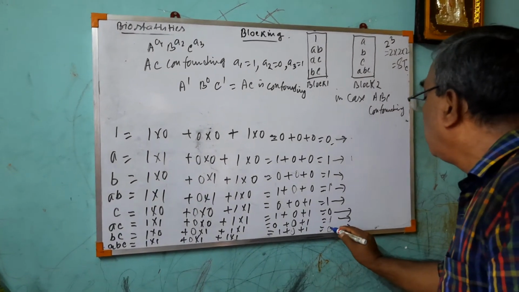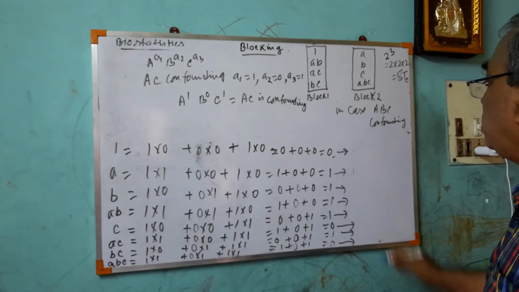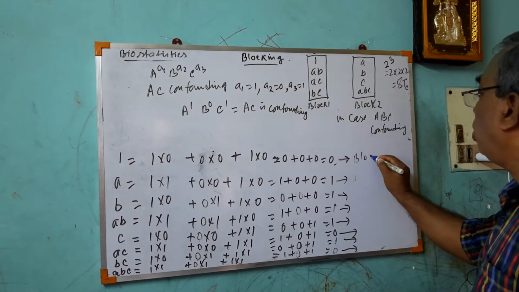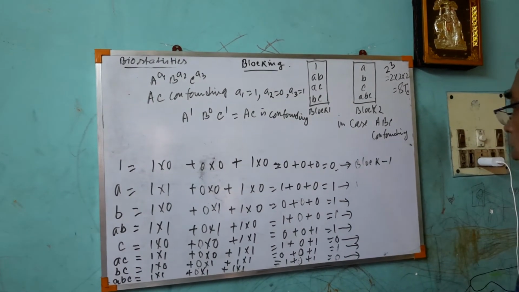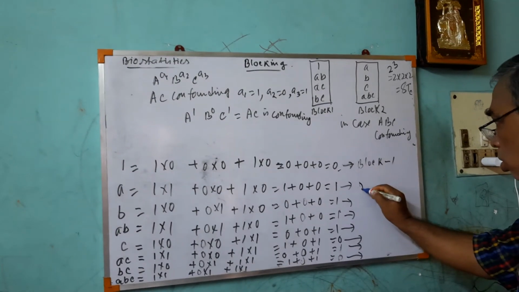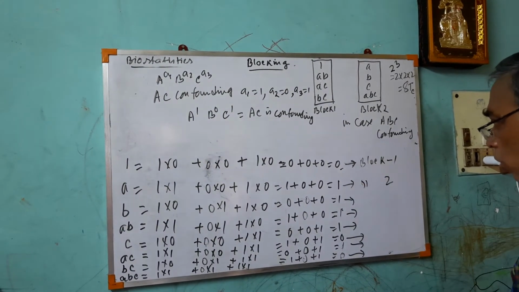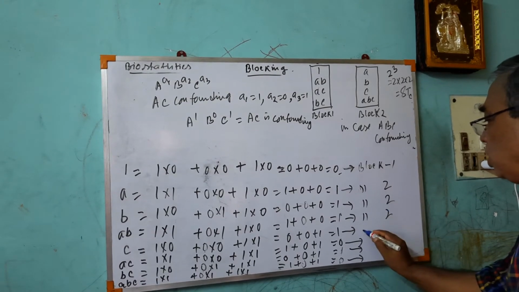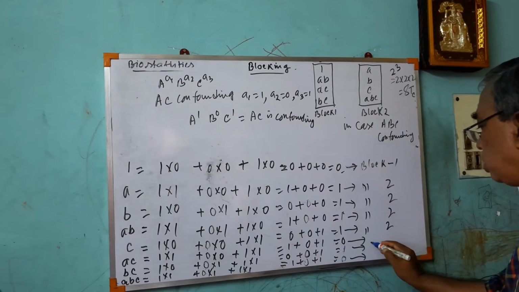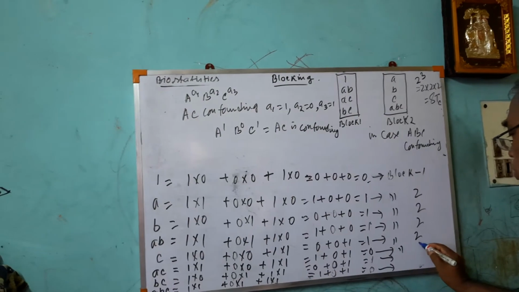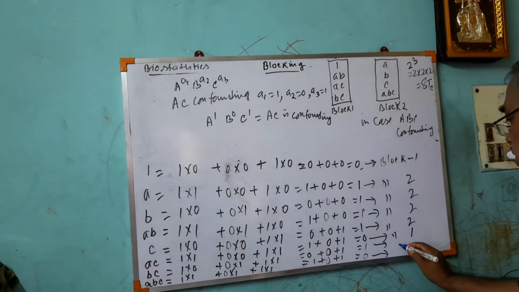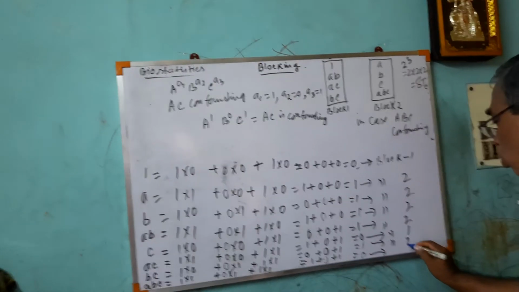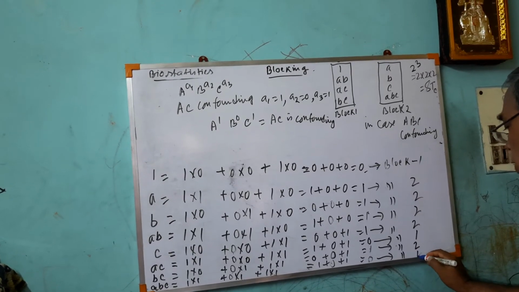Now tell me, this is block 1. This is block 2. This is block 2. This is block 2. This is block 2. This is block 1. This is block 2. The last one is block 1.